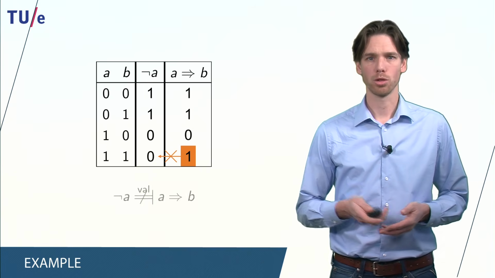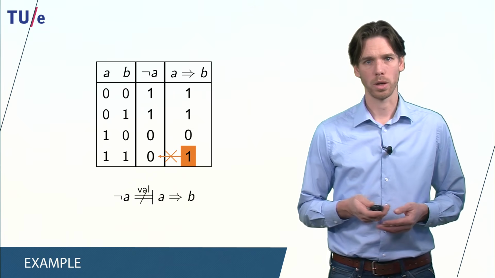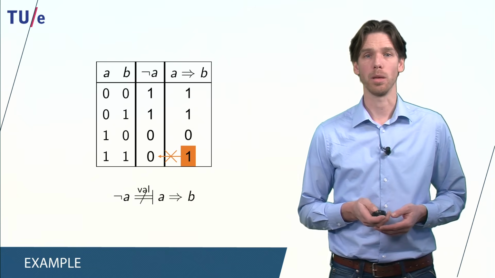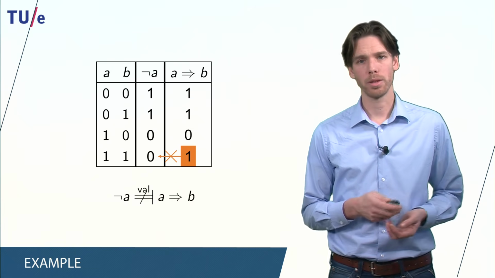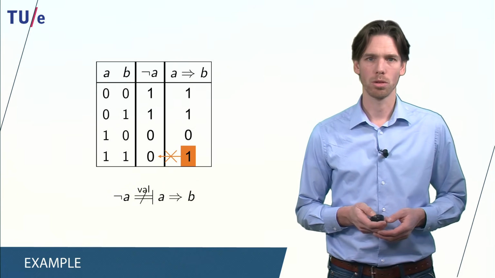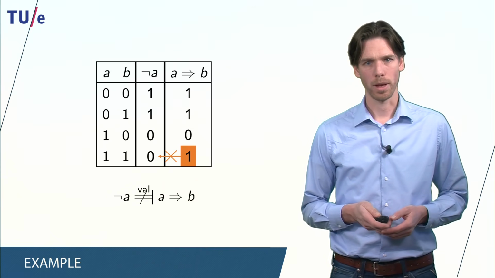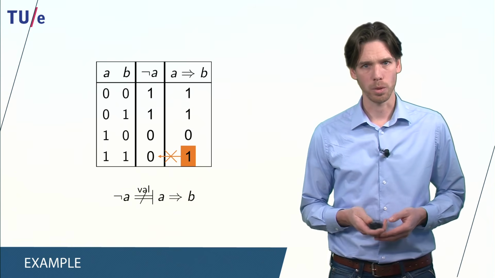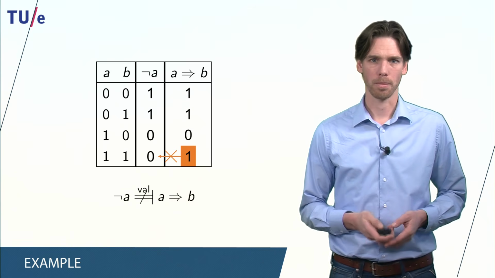And this actually shows, because this one is not carried over from right to left, that not A is not weaker than A implies B. So whereas in the previous example we had the logical consequence in both directions, here we only have logical consequence in one direction, from left to right, from not A. A implies B is a logical consequence of not A.